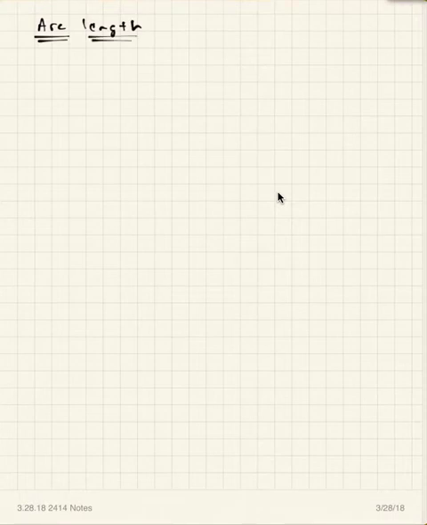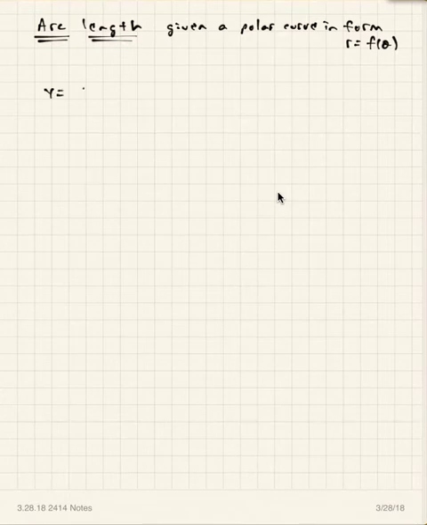So arc length, given a polar curve in the form r equals some function of theta. If you recall for arc length, if you're given y to be a function of x, this is the rectangular form for arc length. We've done that before in class. So y is just some function of x.